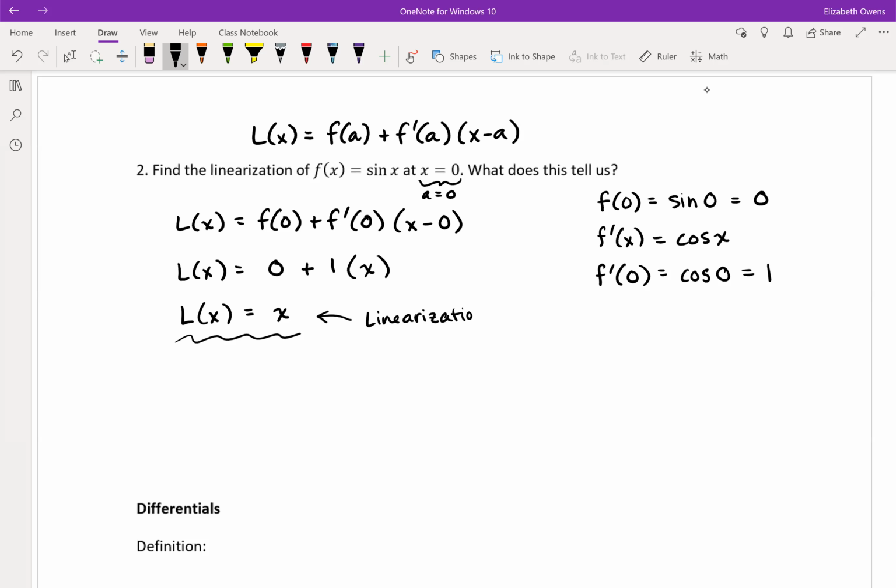Okay, so this linearization, remember, this also gives us the tangent line, or it is looking at the tangent line to sine x at x equals 0. Okay.